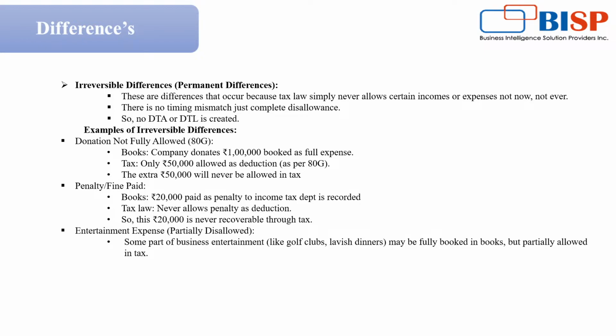Under penalty, 20,000 is paid as a penalty to income tax. It is booked as an expense in our accounting books, but according to the tax rules, it isn't allowed. So the 20,000 is never recoverable through taxes. And entertainment expense is partially disallowed. Some part may be fully booked in the books, but only partially allowed in the tax.